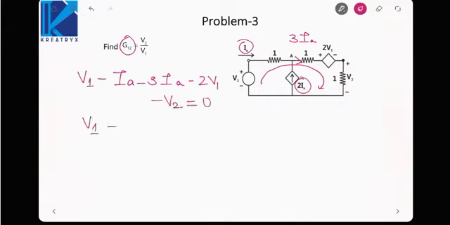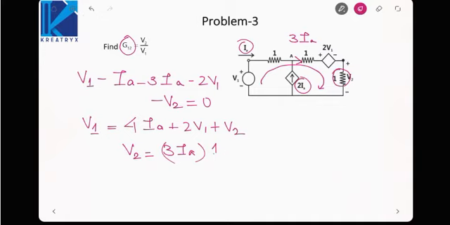So V1 equal to 4IA plus 2V1 plus V2. Now V2 is the voltage across the resistance 1 ohm. So V2 is actually equal to 3IA into 1. Or we can say IA is equal to V2 by 3.